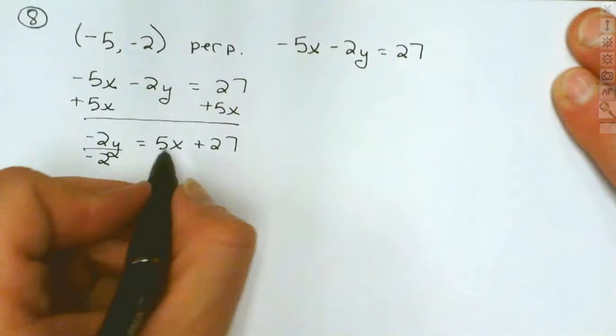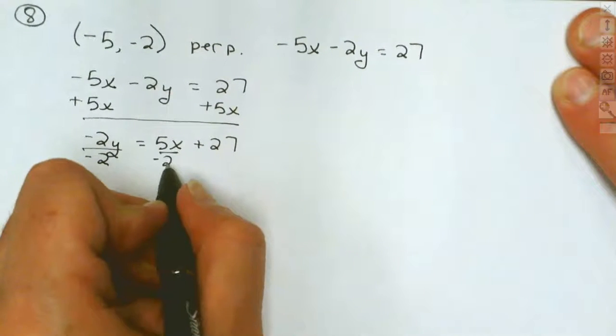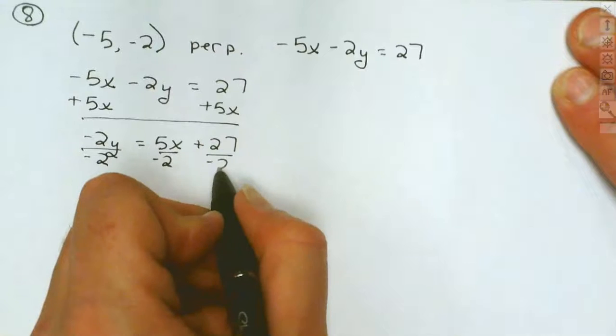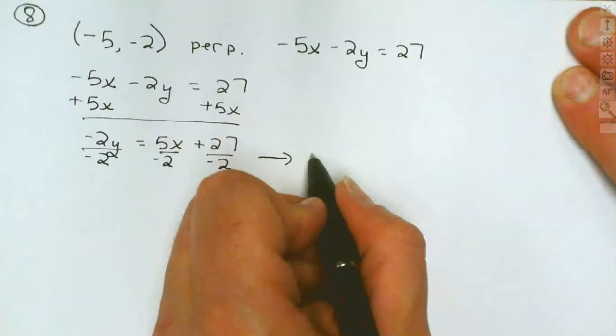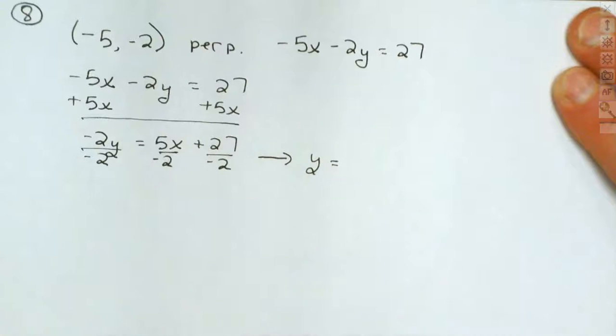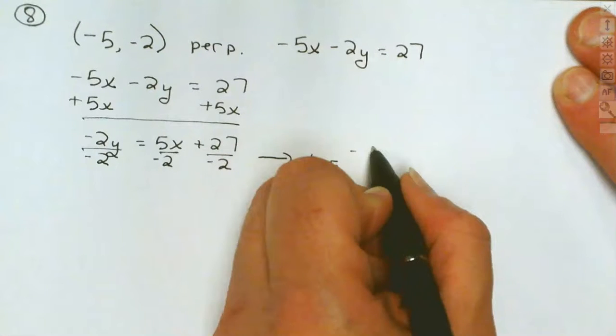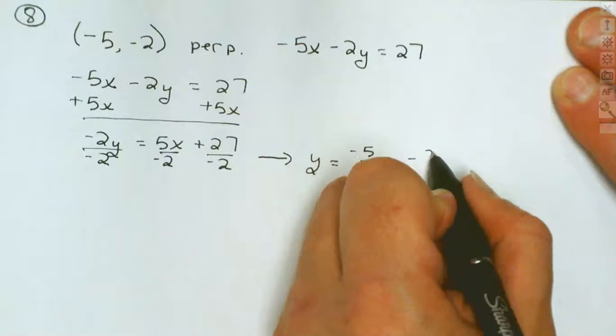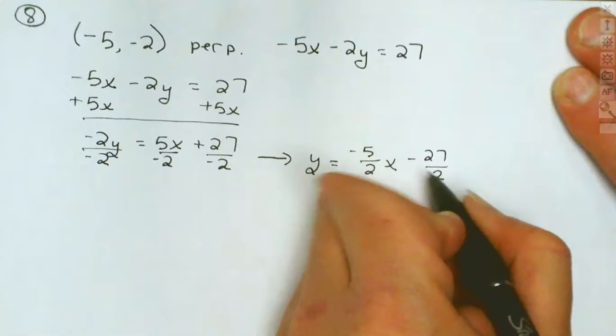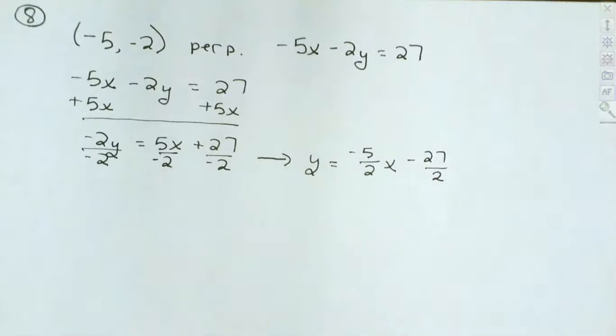Divide by your -2. Be very careful with your signs here. That then leaves us with y equals -5/2 x minus 27 over 2. And that again is our slope.